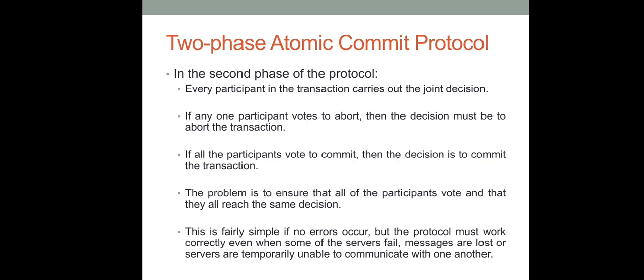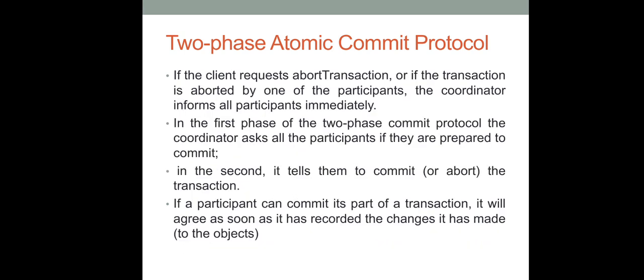That means in another way, we can say that all the participants are making a joint decision. They are sending their vote yes or they are sending their vote no. That means they are making a decision regarding whether the transaction needs to be committed or not. Now based on the decision that the coordinator collects from the votes, the coordinator will be sending either a commit request or an abort request to all the participants.